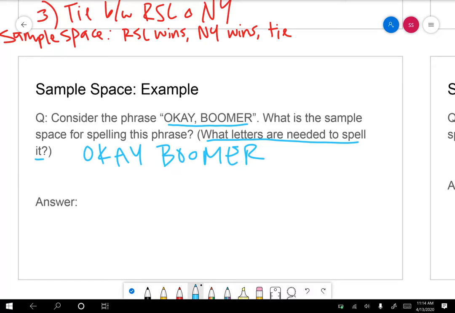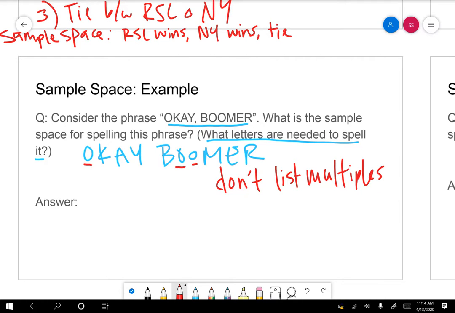Okay, notice how we have multiple O's, right? So in this case, we don't actually need to list the multiple O's. So don't list multiples when we're talking about sample space.